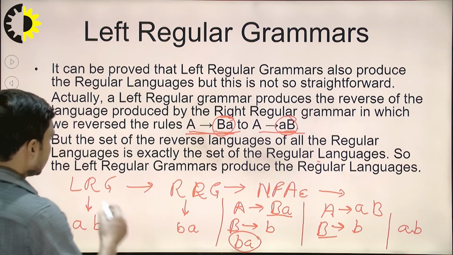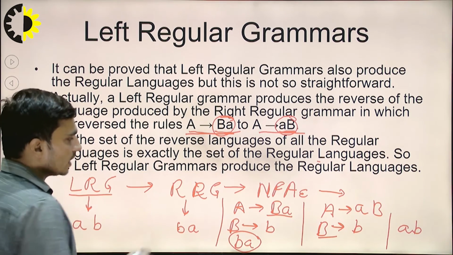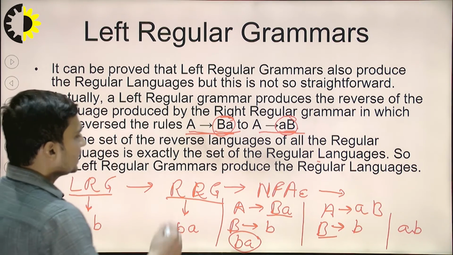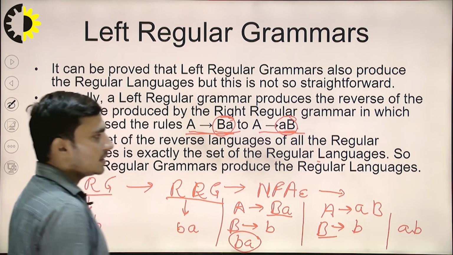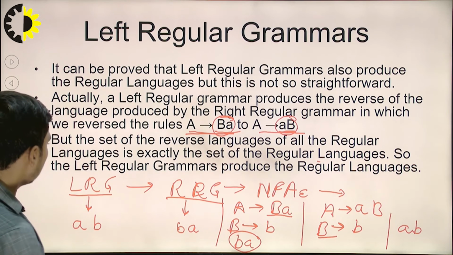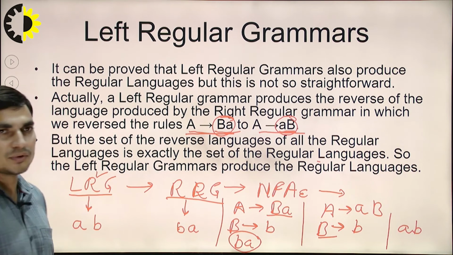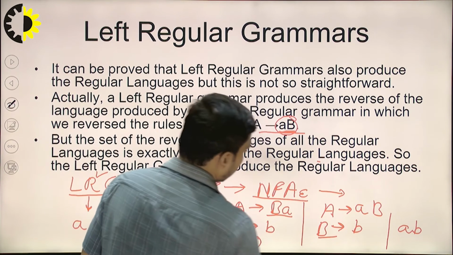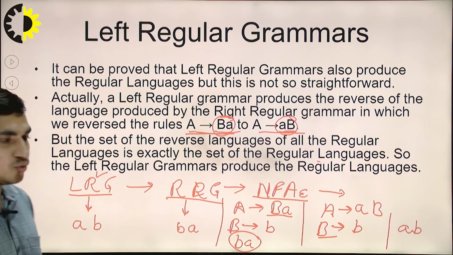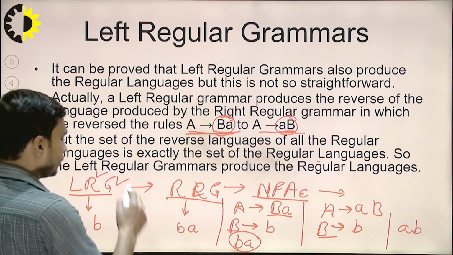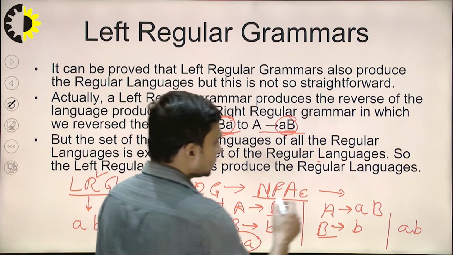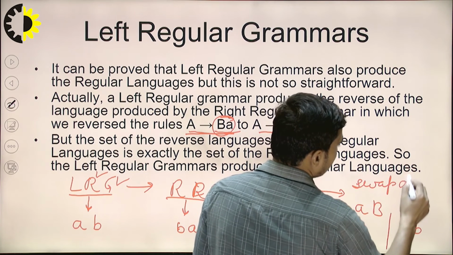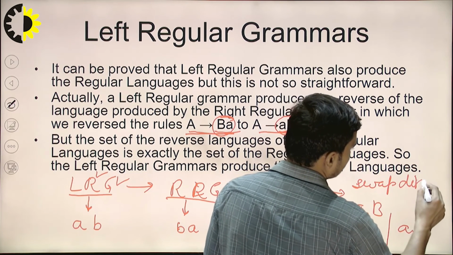After converting this left regular grammar to a right regular grammar, whatever language we are getting will be the reverse of the language which can be generated by this left regular grammar. So at the time when we are producing the NFA with epsilon, to find the NFA for this left regular grammar, we have to swap the direction of every edge.